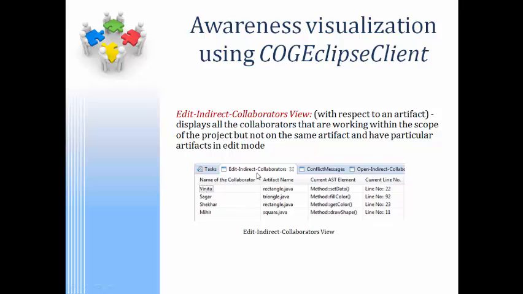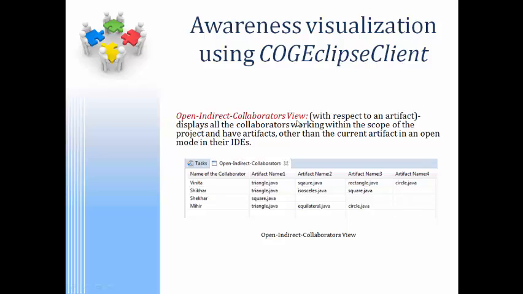So we can see here that in the edit indirect collaborator view, it lists down the edit indirect collaborators and the name of the files that they are editing, the current AST element and the current line number. The open indirect collaborator view displays the list of the artifacts that others have opened.